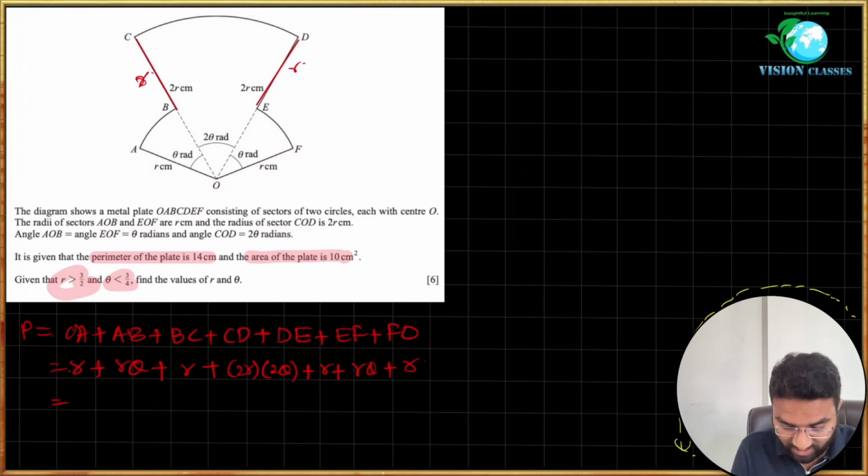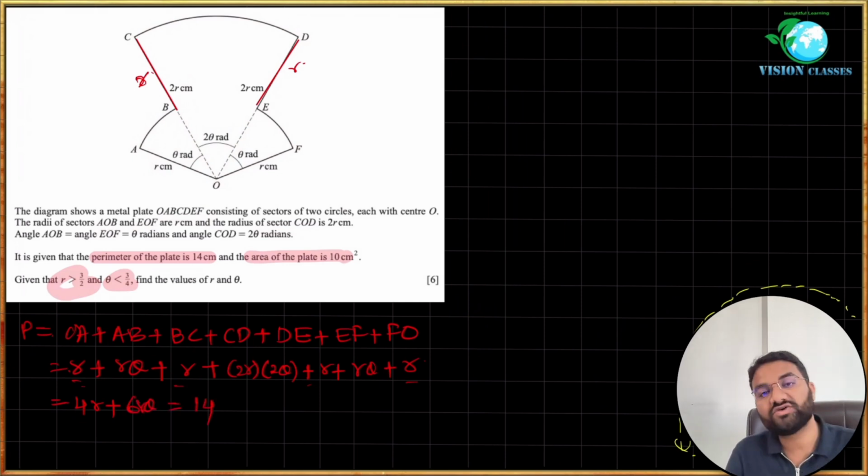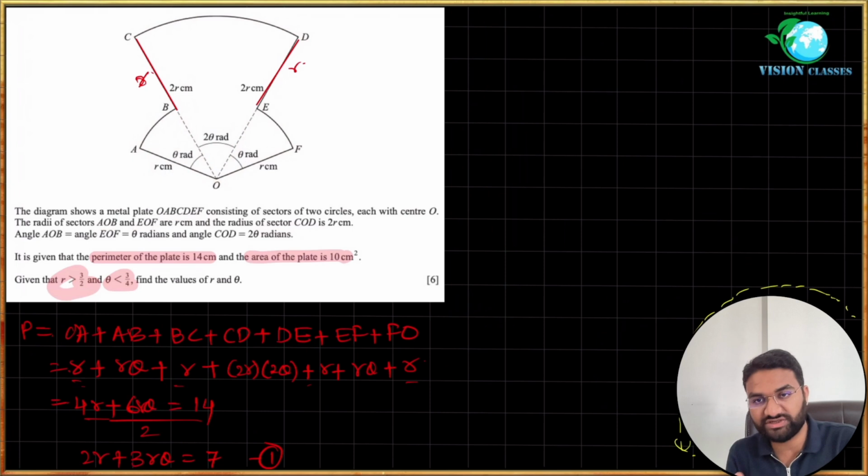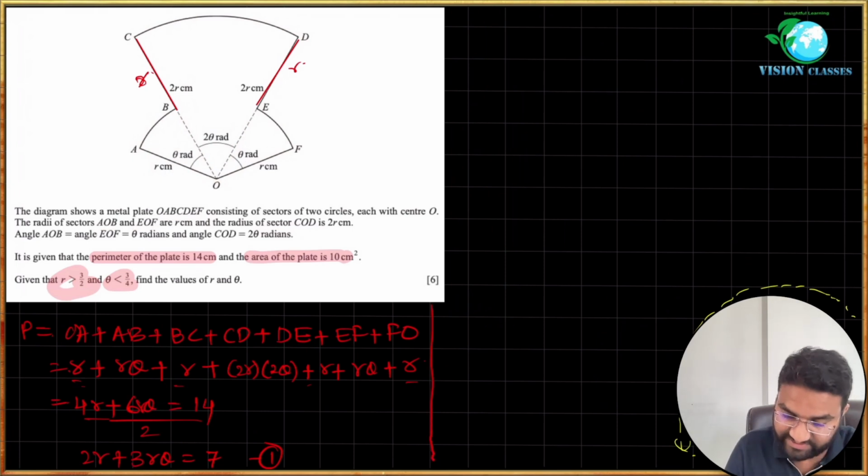So if you add all these r, we will get 4r plus 6rθ, which is equal to the given perimeter, 14. You can divide the whole equation by 2, and we will get 2r plus 3rθ is equal to 7. This is the first equation we will get.